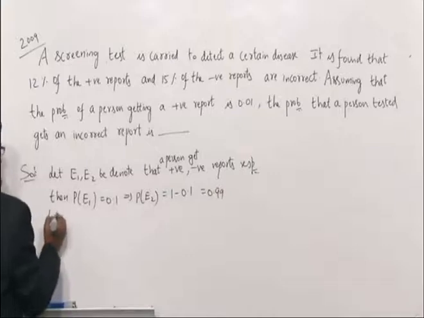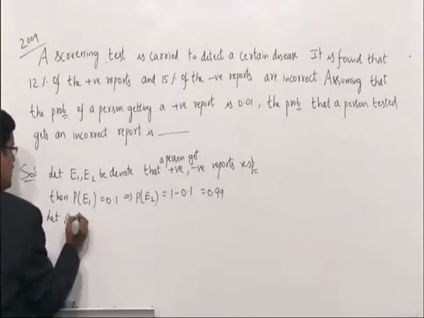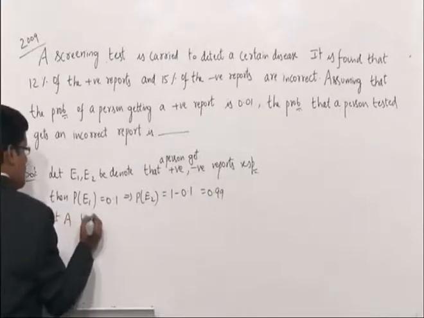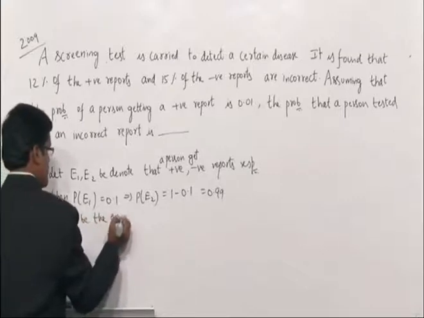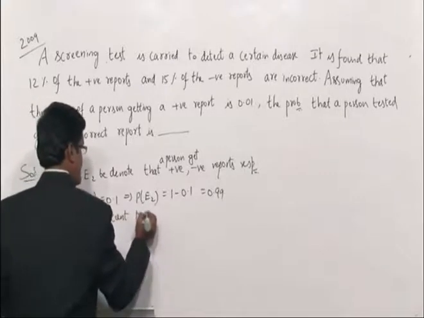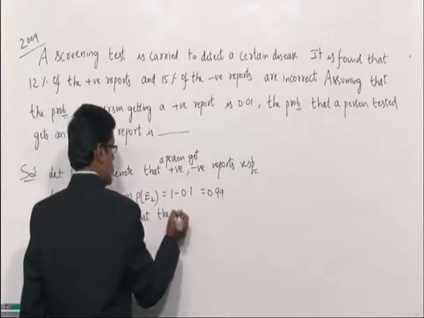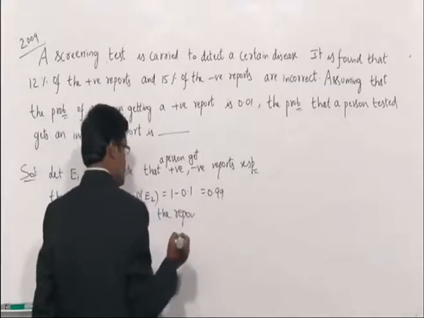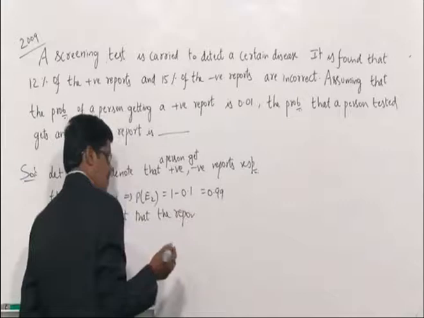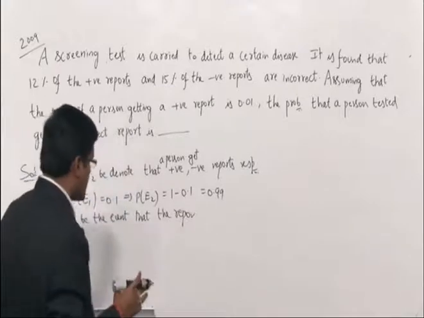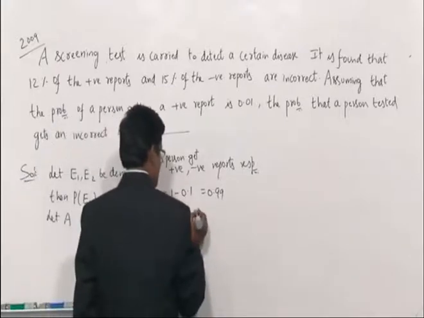Next, in the second stage, let A be the event that the report is incorrect. That is, the person is tested and then getting the report is incorrect.